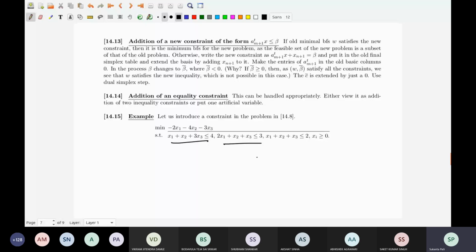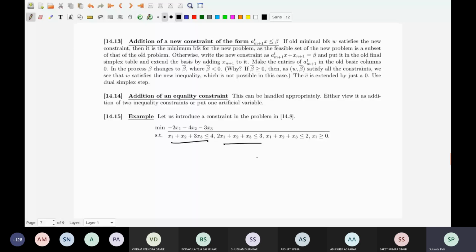There you don't have any problem. If it does not, then this new constraint draws a hyperplane which keeps your old optimal point outside. It is going to make a corner-like point. This hyperplane will chop the old feasible set into two parts.